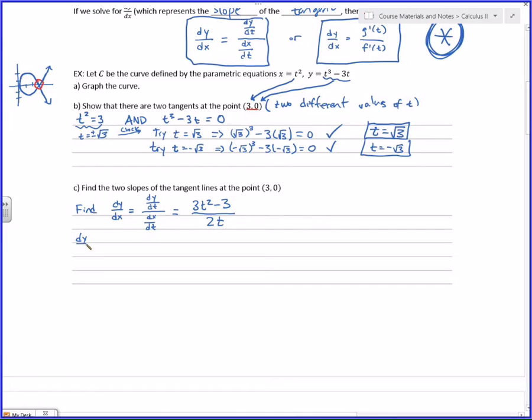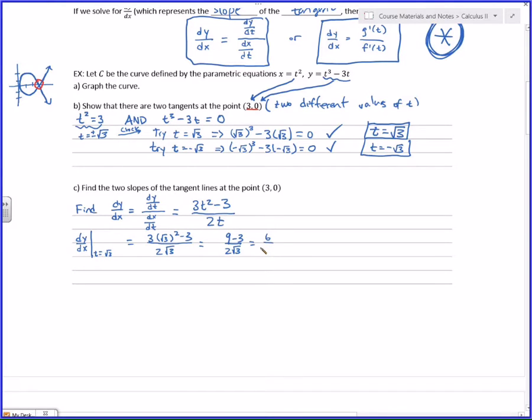So I'm going to write it this way, dy dx evaluated at t equals, let's do square root of 3 first, the first one we got up here. I'm going to plug in t equals square root of 3 into these guys, so I get 3 times square root of 3 squared minus 3 over 2 square roots of 3. Square root of 3 squared is 3. 3 times 3 is 9 minus 3 over 2 square roots of 3.